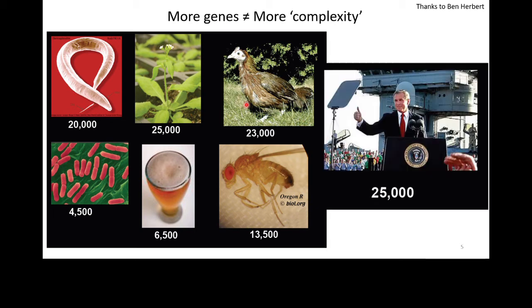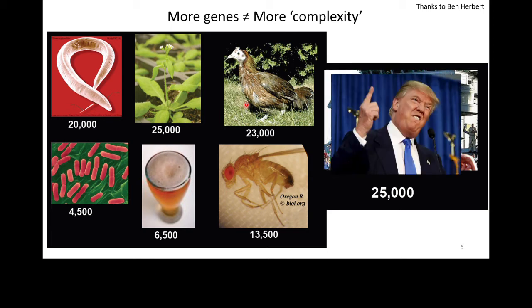To take this to the logical extreme, when this slide was first made, George Bush was in power and had just announced the victory in Iraq. And back then, we found out that there were about 25,000 genes. That's actually been revised down, and I've updated this slide for more modern times.